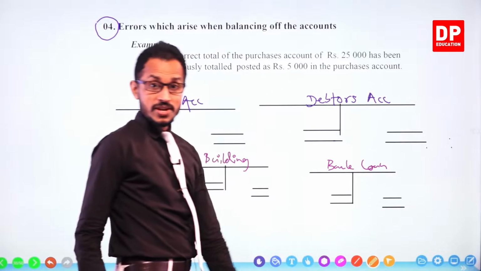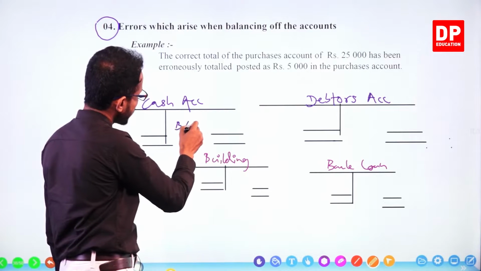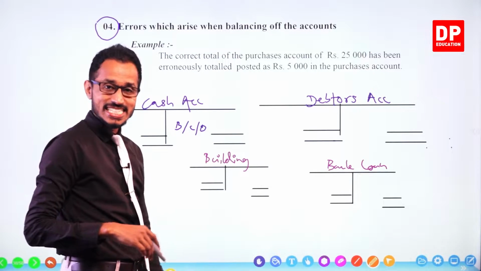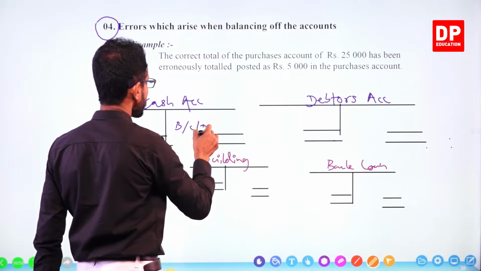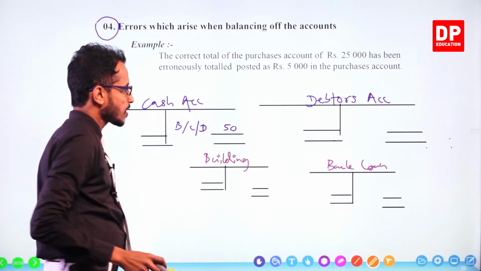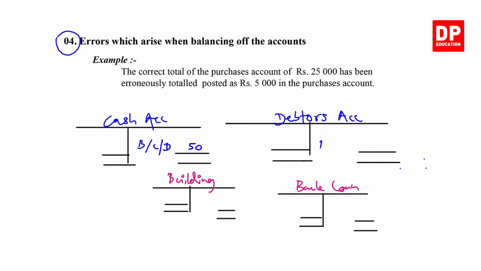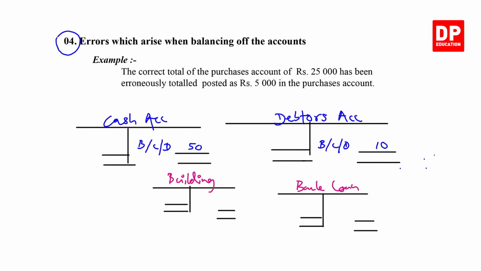Now, children, if the cash account is balanced and the balance carried down is on the credit side, let's say it is 50, and if the debtors account is also balanced and the balance carried down is, let's say, 10, and we have balanced the bank account too, and the bank account balance carried down is on the debit side, it is 100.